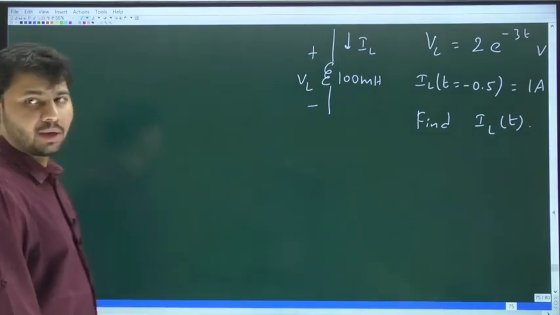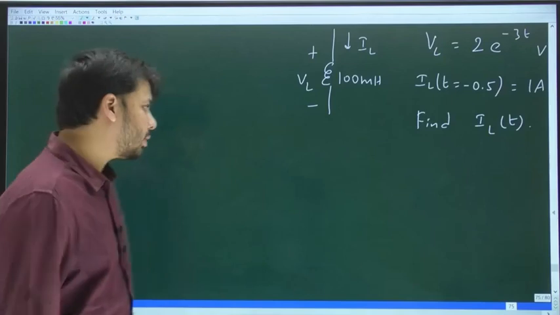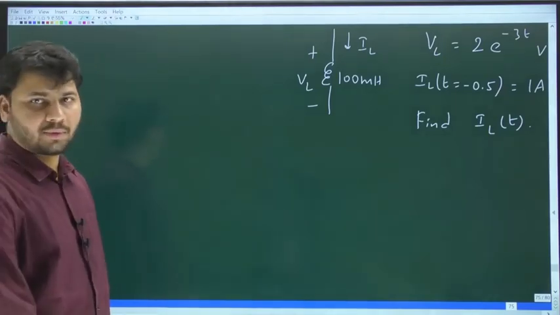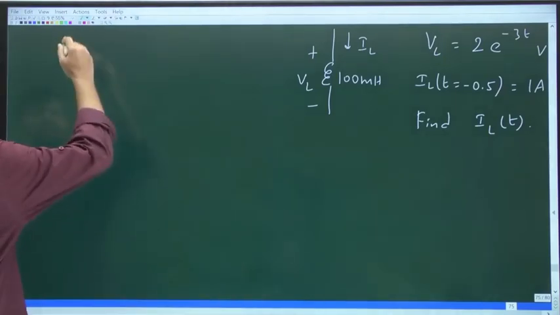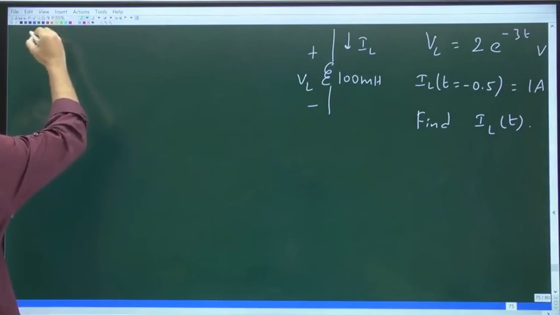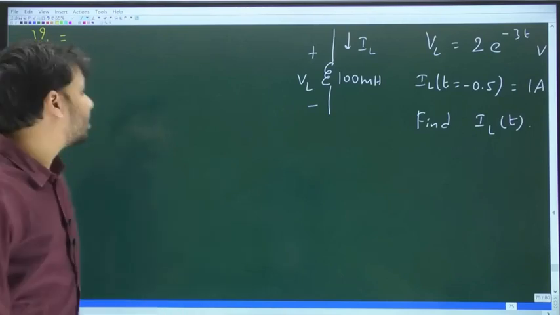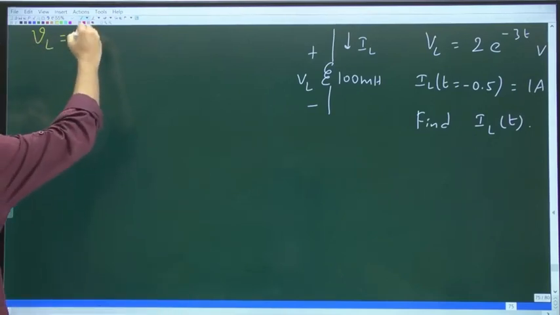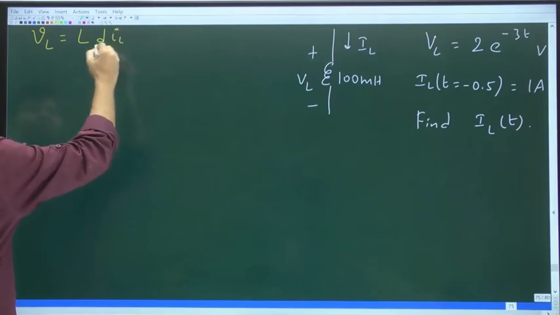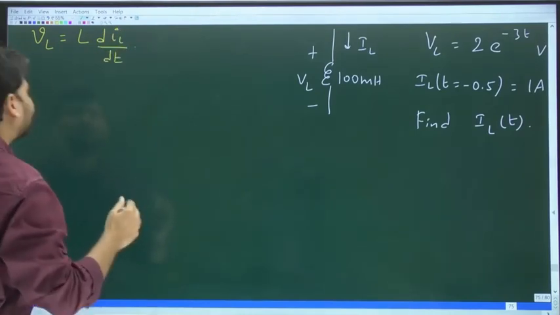What is given for the inductor? The voltage drop is given. You have to find the current as a function of time. Always the starting point is voltage in terms of current. For any inductor, VL is L times dIL by dt.